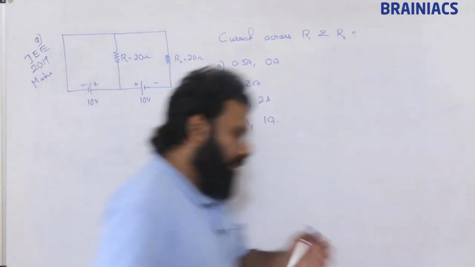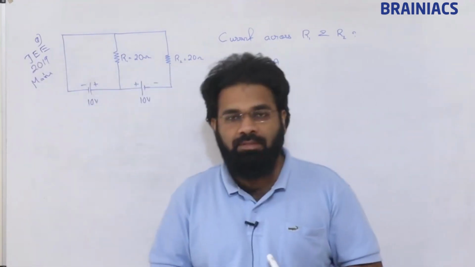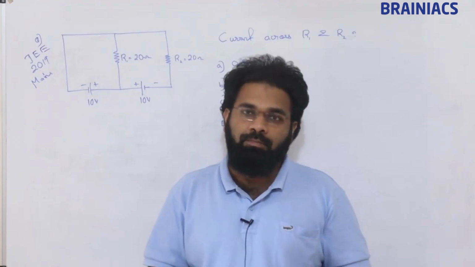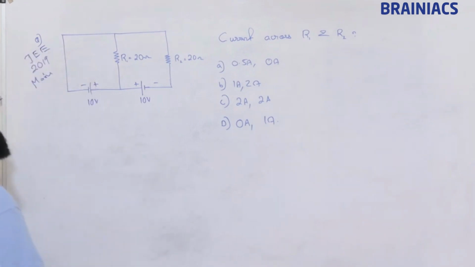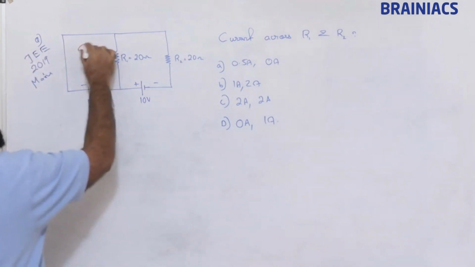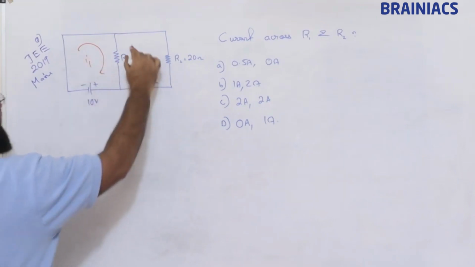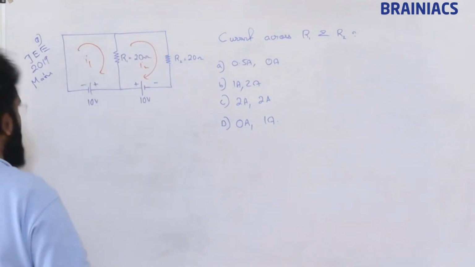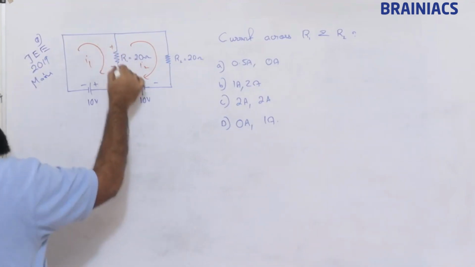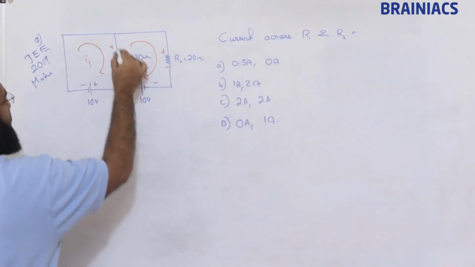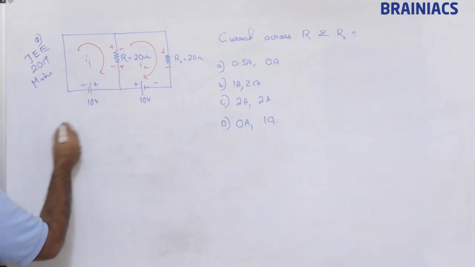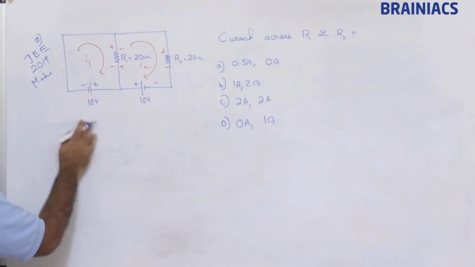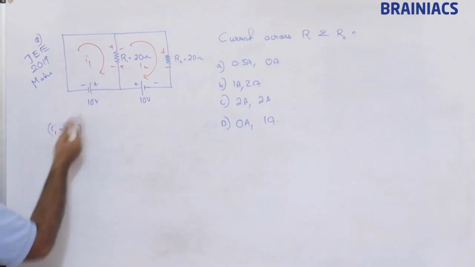Conventionally, in your board exam or according to the +2 syllabus, the method you should use is KVL. We can take a loop like this. This can be I1, this can be I2. Marking plus and minus, we get I1 R1 minus (I1 minus I2) R1.